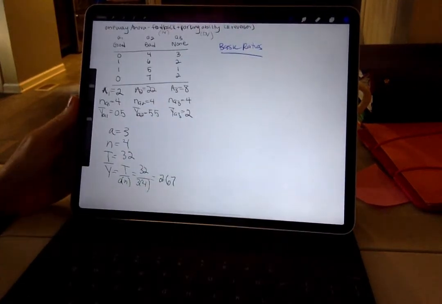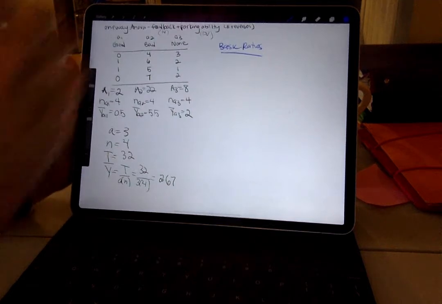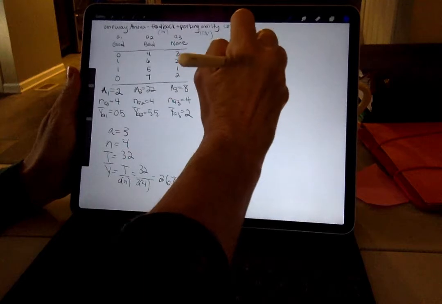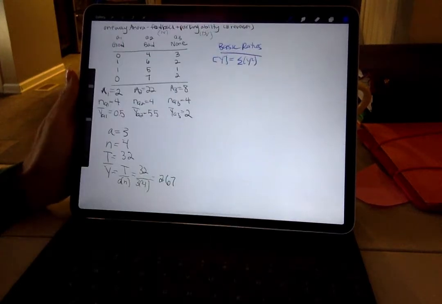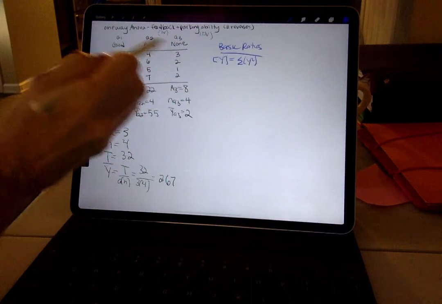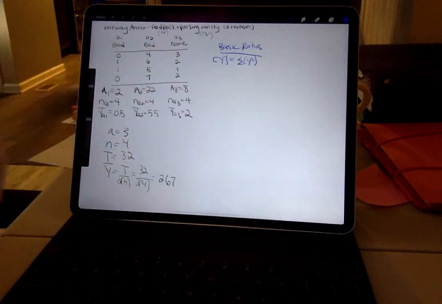And in the one-way ANOVA, there are 3 basic ratios. Our first basic ratio is the basic ratio for y, and the formula for that is the sum of the y squareds. So we're going to take each one of these 12 y's, square them, and add them up.